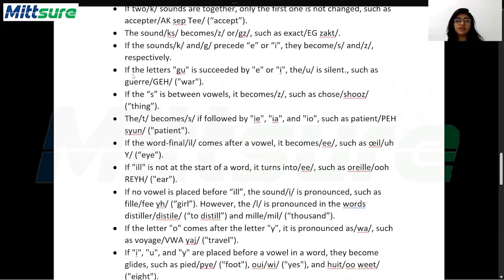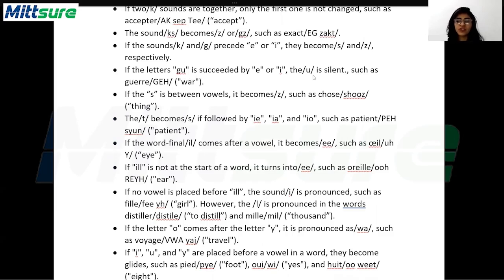After that, if the letters G, U are succeeded by E or I, that is, after G, U there is a vowel E or I, then the U in G, U will be silent.